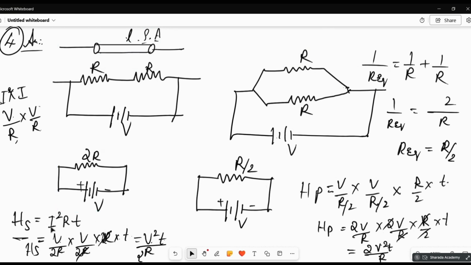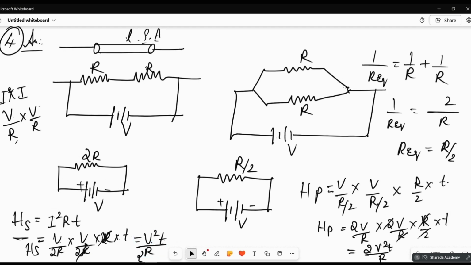Now, here, what is I? Voltage I have given V. Resistance 2R from this circuit, correct? So V by 2R into another I, same thing, V by 2R, into resistance for this circuit 2R, into time taken T. So if I simplify, I will get V square into T by 2R.